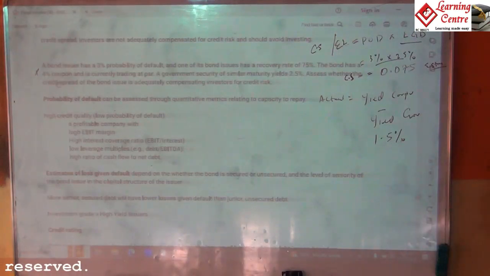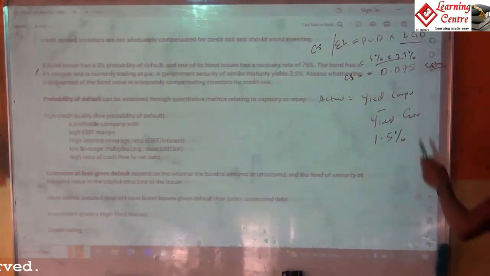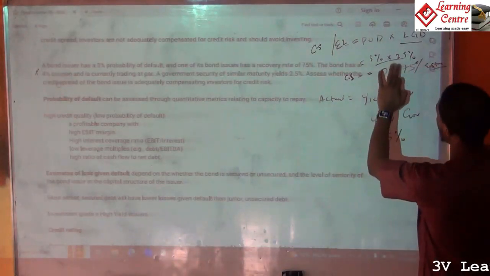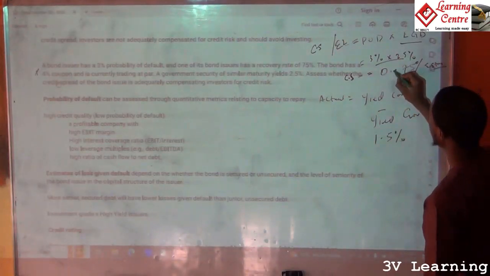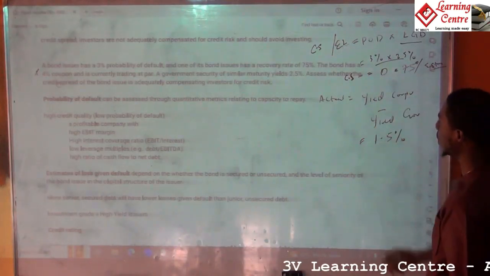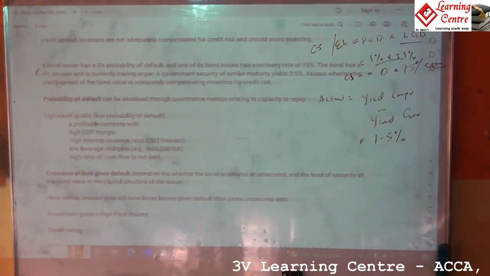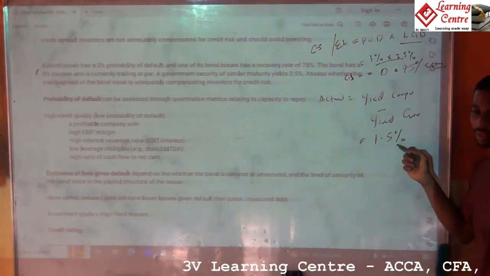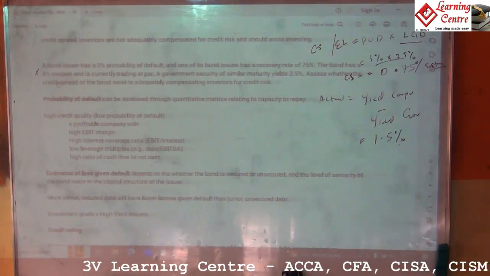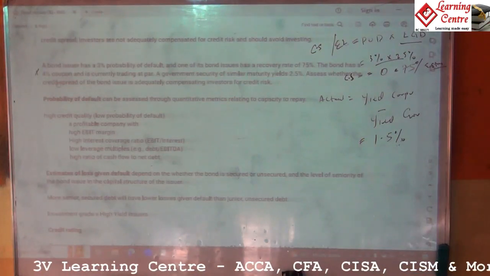So you can see that this should be 0.75, not 0.075. So in the market, we're being compensated twice as much as we should. So is this a good buy or a bad buy? Great.